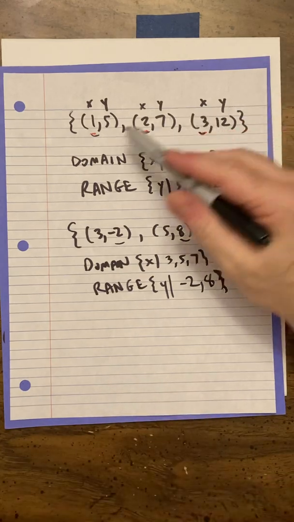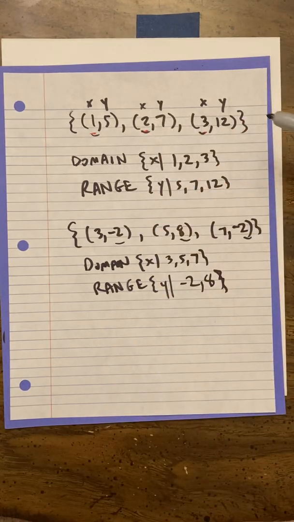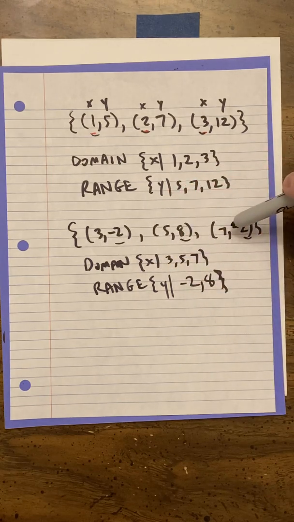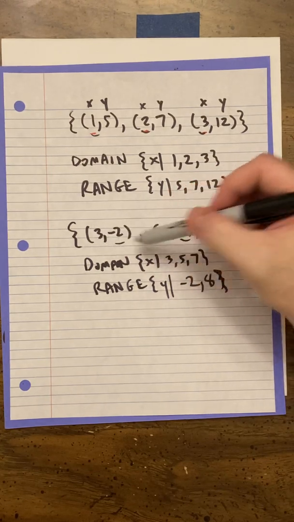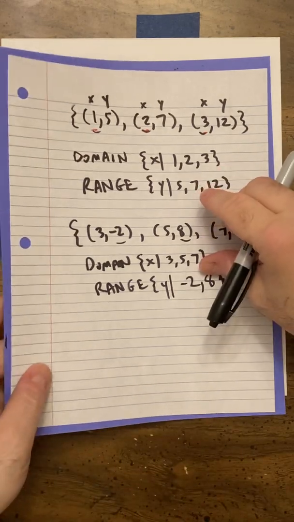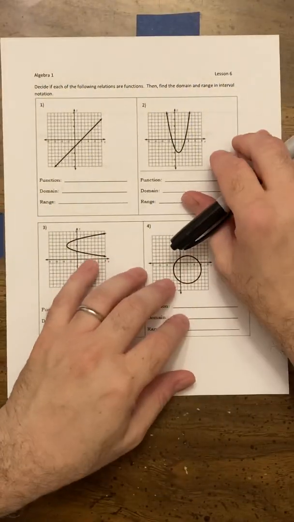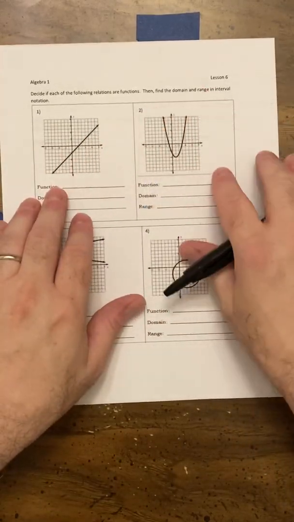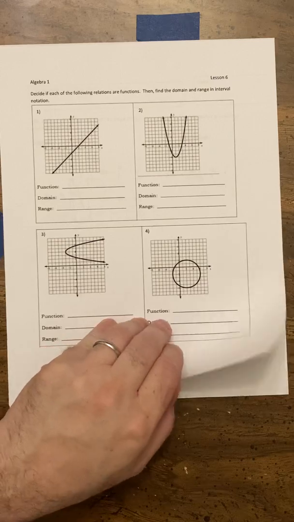Now, these functions or relations, you'll notice there's only three items in each. But you could have lots of pairs. You could have 10 pairs, 20 pairs, 1,000,000 pairs. And you could also have a situation where you have an infinite number of pairs. A relation like this, the values go on forever.